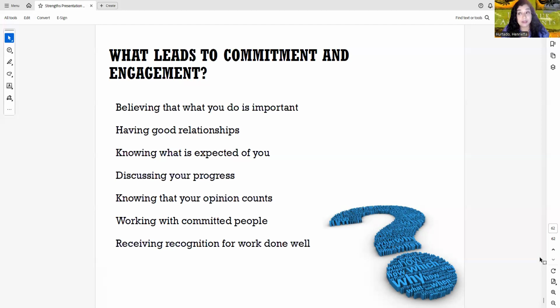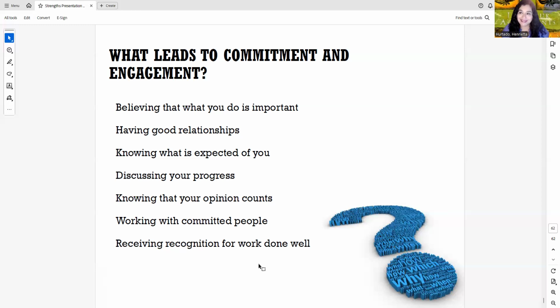Knowing that your opinion counts, your input counts. Working with committed people. Work with responsible people. Work with those who believe in your success and are committed as you are. And why not receive recognition as a result of all your work and for doing a work well done? That leads to commitment and engagement.